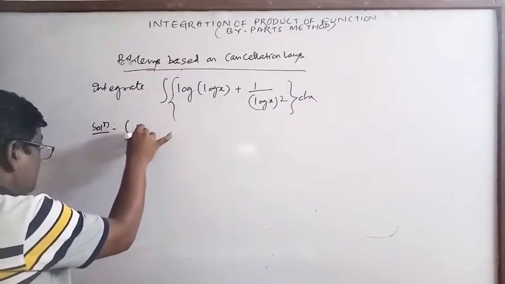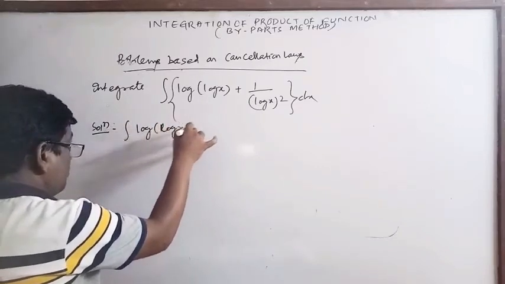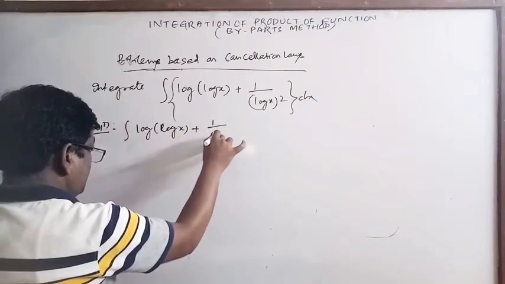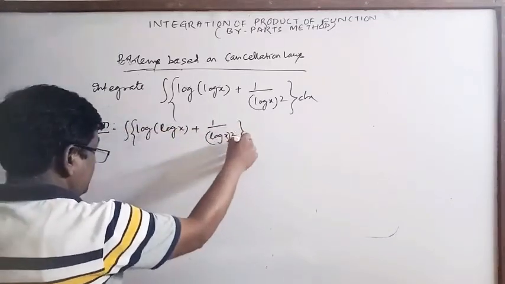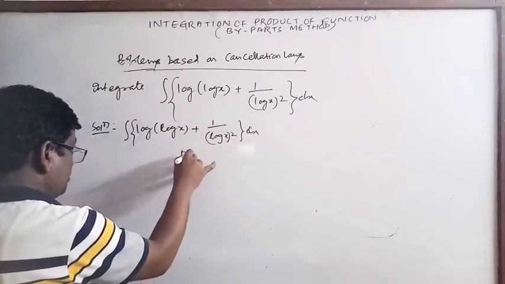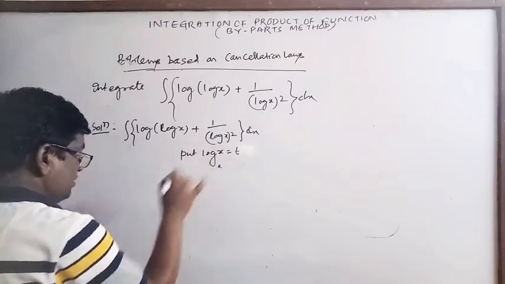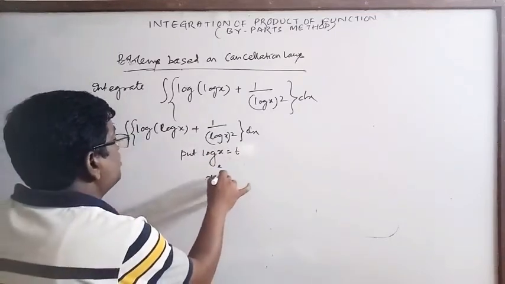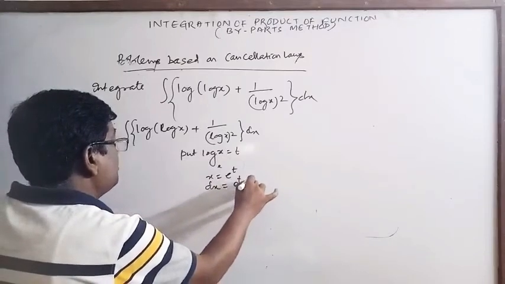Integration of log x plus 1 by (log x) whole square into dx. Put log x equal to t, where the base is e. So x is equal to e to the t, and dx is equal to e to the t into dt.